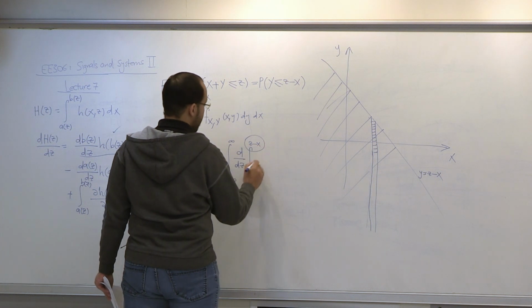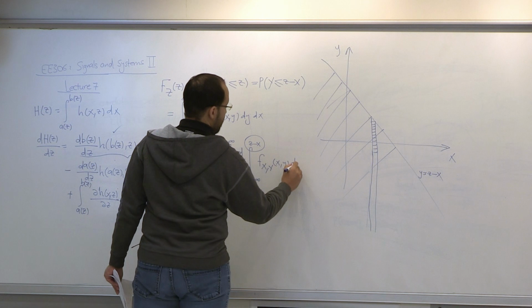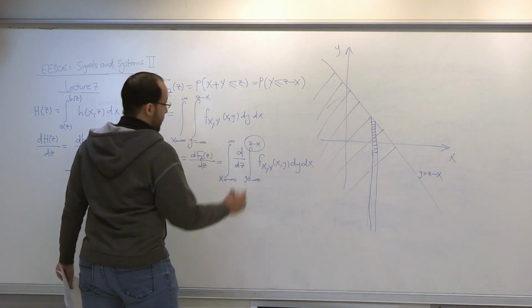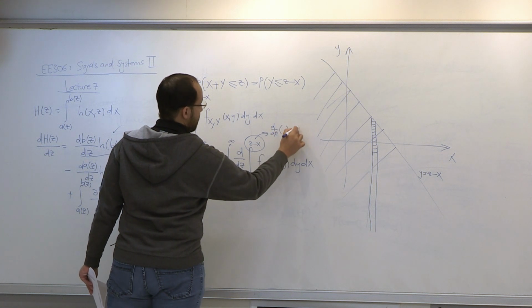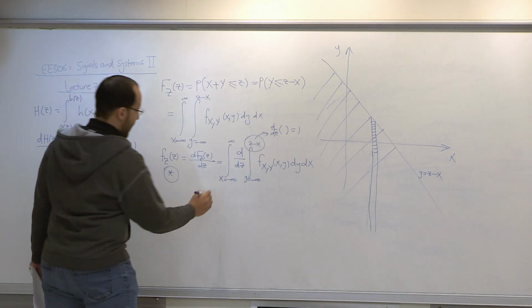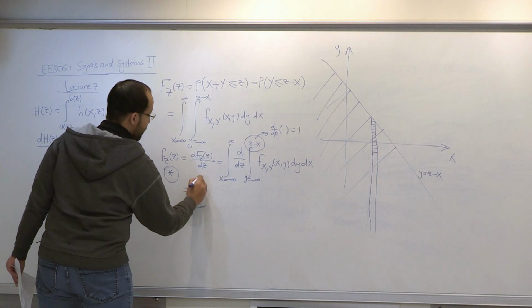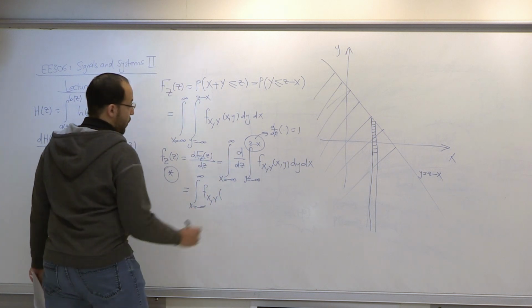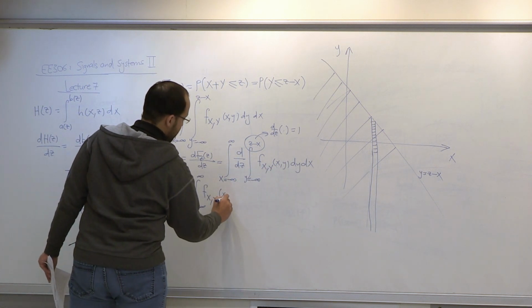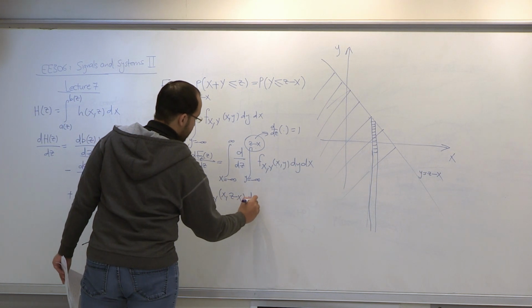That's the only thing that is function of z, fxy of x and y, dy dx. The differentiation of this is 1, d by dz, this thing is 1. And you make the substitution immediately, so it becomes integration from minus infinity to infinity, fxy of x stays as it is, y becomes the upper limit, z minus x dx.